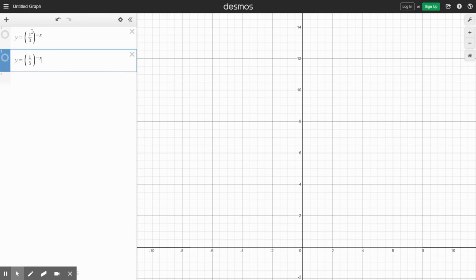So here we have the function of 1/3 to the negative x and 1/5 to the negative x. So let's graph it. Right now our hypothesis is saying that if you have a negative exponent, it is decreasing. Well, let's see if that is true. We end up with the increasing function. And the same is going to go for 1/5. 1/5 to the negative x. We end up with an increasing function.